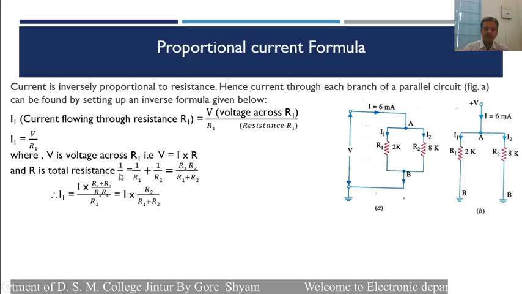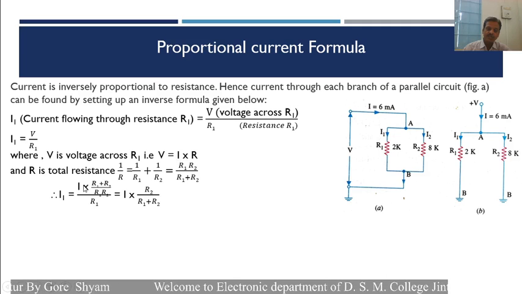If we know 1 divided by R, we can find the value of R. So I1, the current flowing through the first branch, is equal to I into R, where R is equal to R1 into R2 divided by R1 plus R2, and therefore I1 is equal to I into R2 divided by R1 plus R2. This is the current flowing through the first branch.